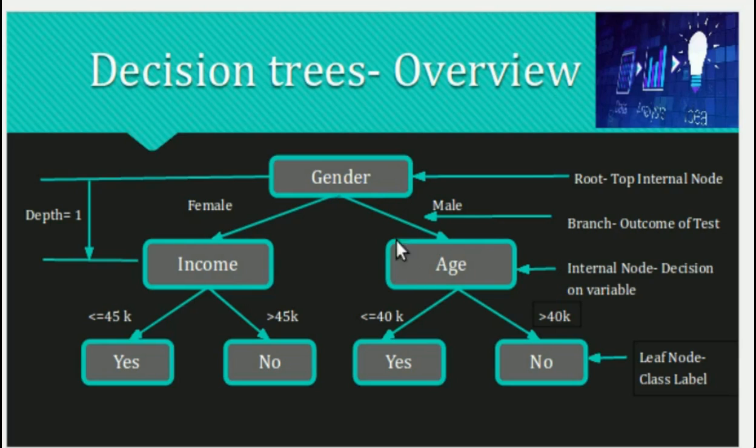Here in this case, the root node is split into two branches with gender as a test. The right branch contains all those records with variable gender equal to male, and the left branch contains all those records with variable gender equal to female.